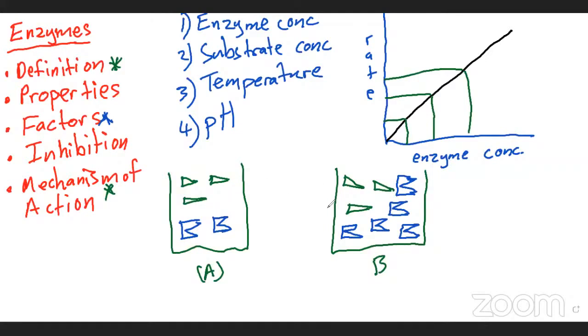You can press the answer if you don't want to speak aloud. So this container A, it has 3 substrate, 2 enzyme. All right, so everyone is saying B, right? That is correct. So if more collisions are occurring in B, which container will have a faster rate?